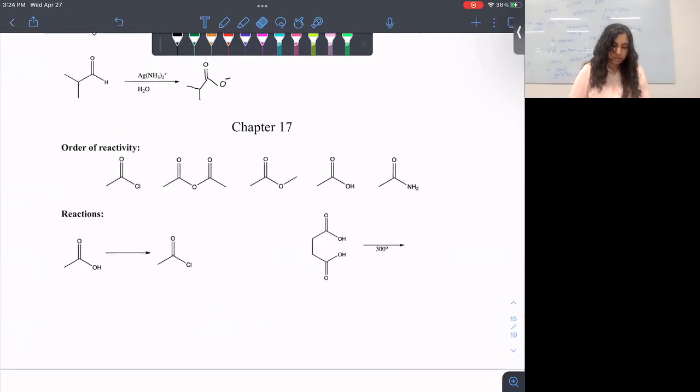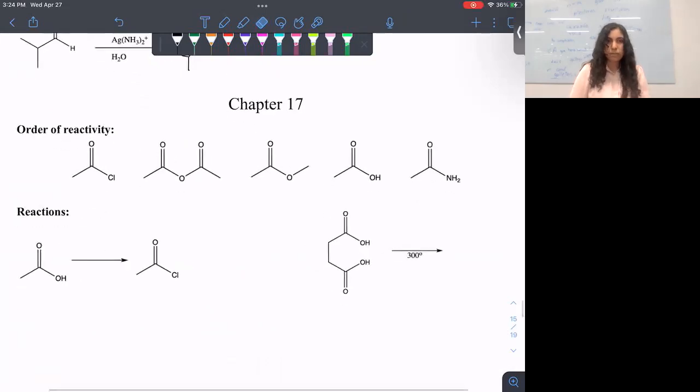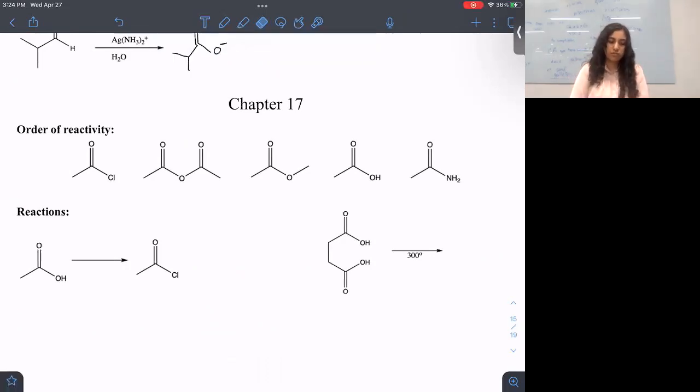Okay, so moving on to chapter 17. One thing to keep in mind is the order of reactivity of all the carboxylic acid derivatives. For this chapter, all we're doing is basically just substituting the leaving groups of all these carboxylic acid derivatives. The reactivity of a carbonyl is determined by how good of a leaving group it has.